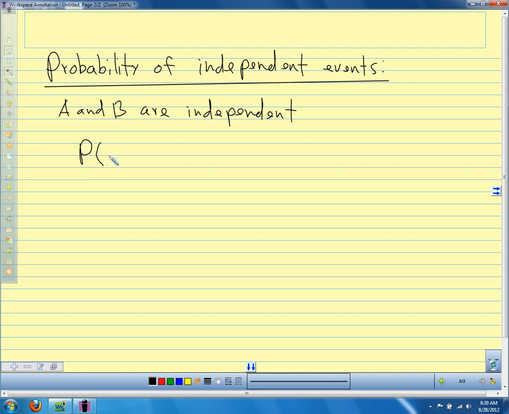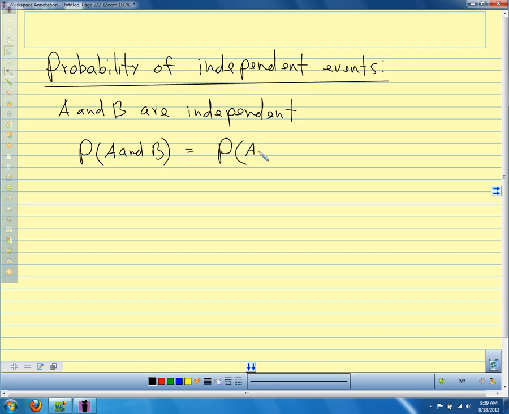Probability of A and B together. So the probability of flipping a heads and rolling a 6 on a die. Probability of A and B, we multiply.